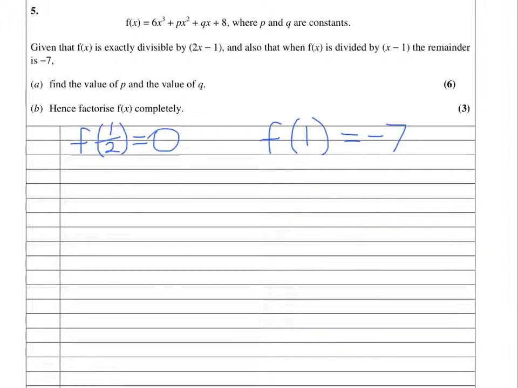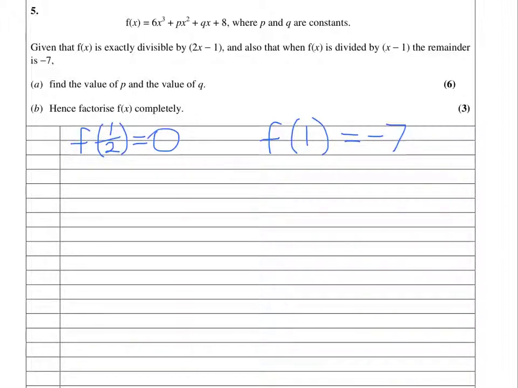Okay, part A says find the value of p and value of q. So p and q are in here. So if I substitute these values into the function, hopefully I can use that to help me find p and q. So let's try that out.